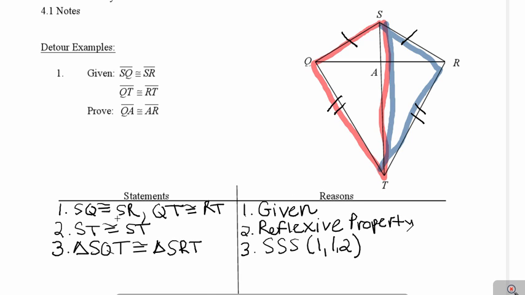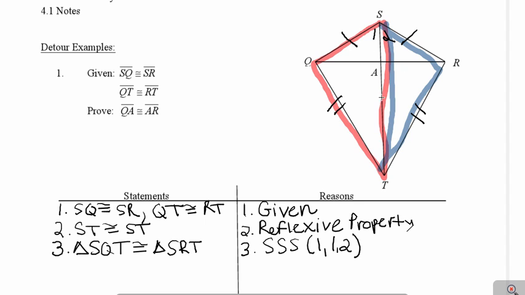So what segment or angle do these smaller triangles have in common with the larger triangles? We already know that they share these sides, but that's already given that those sides are congruent. So the only other thing that they have in common with the large triangles are these 2 angles at the top, angle QSA and angle RSA.